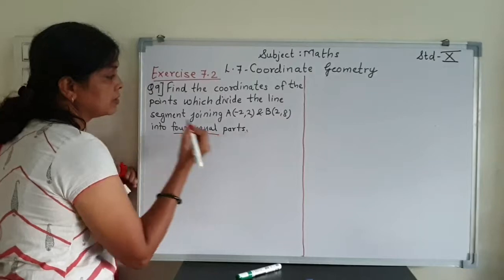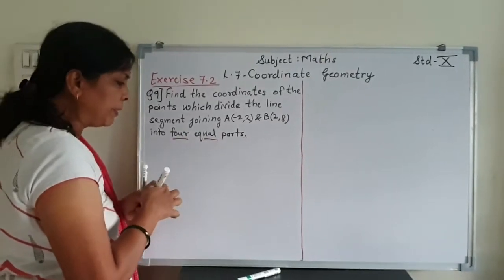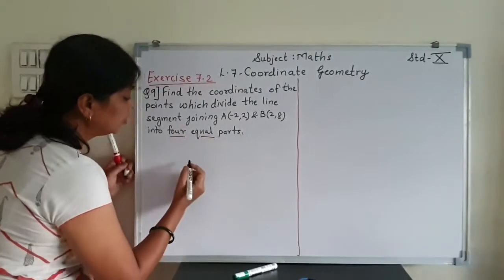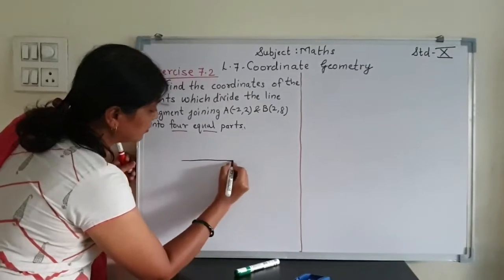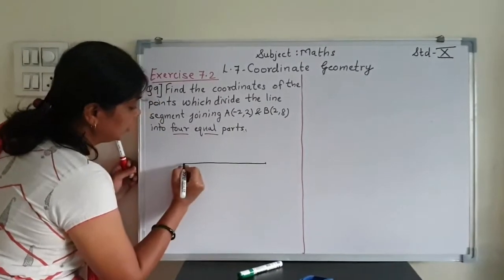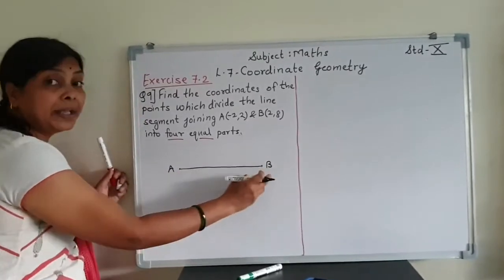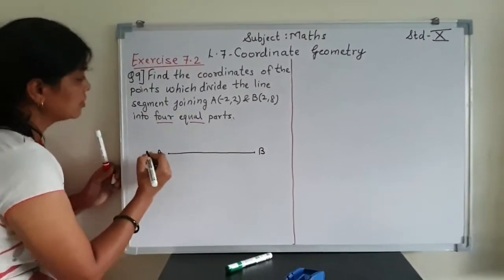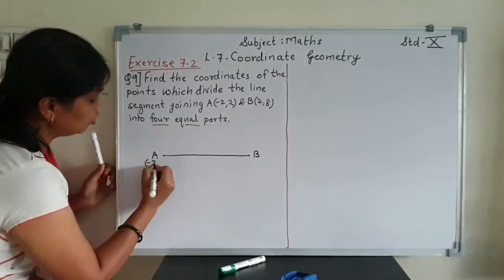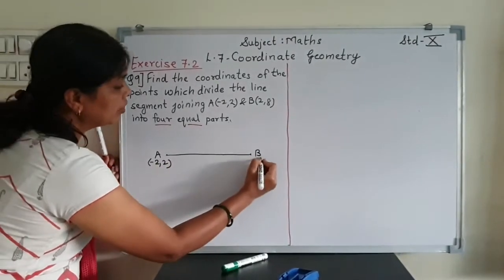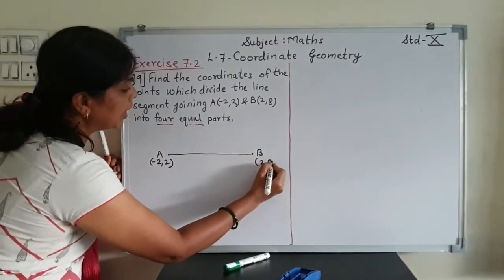First of all we will represent this and then we will write the statement for it. See, this is the line segment AB with coordinates A (-2, 2), B (2, 8).